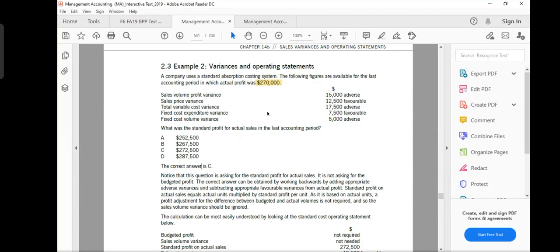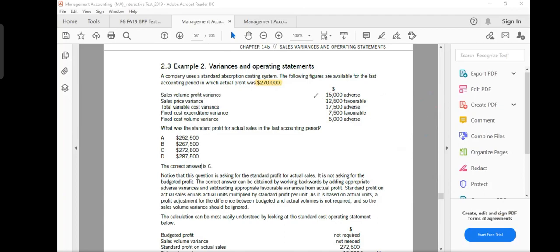Actual profit means based on your actual prices and your actual volume. For example, you thought that you would sell 1,000 units at $10, but then you sold probably 1,100 units at $9. So we are talking about profit where volume is actual and price is actual. So taking the actual numbers, your profit is 270,000.